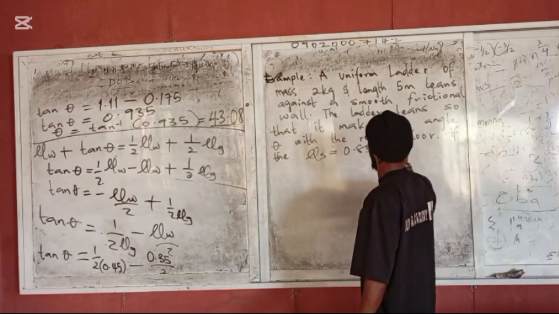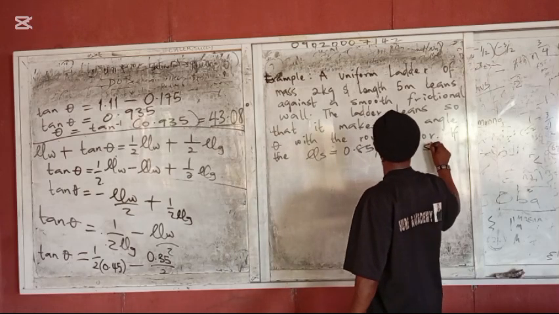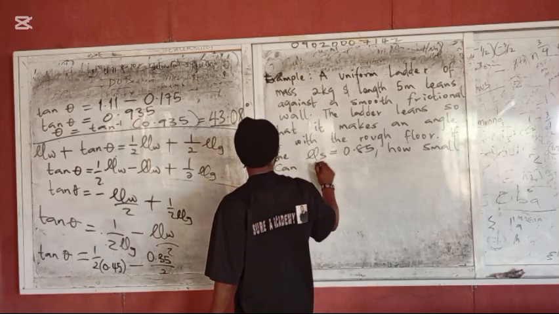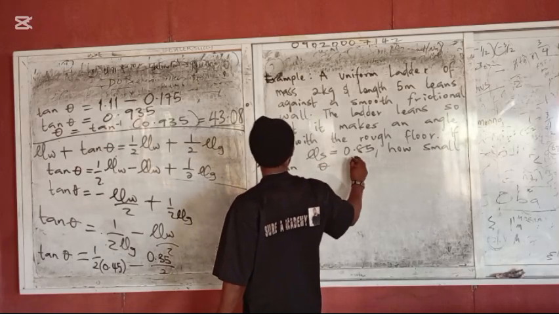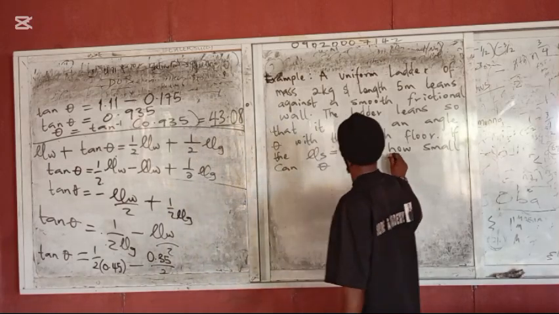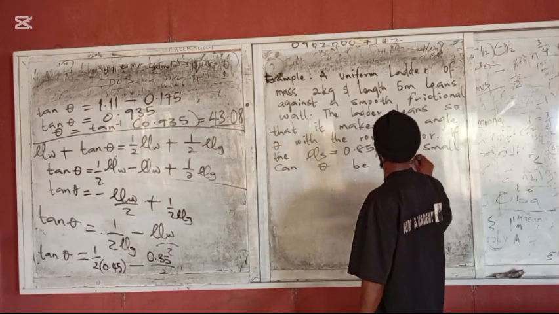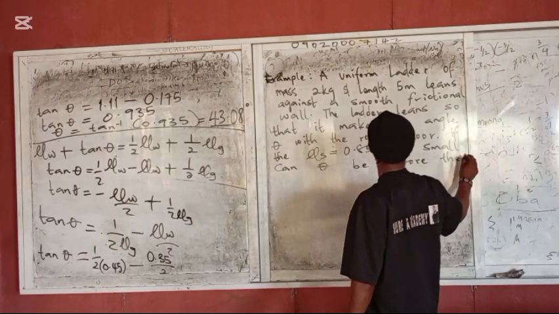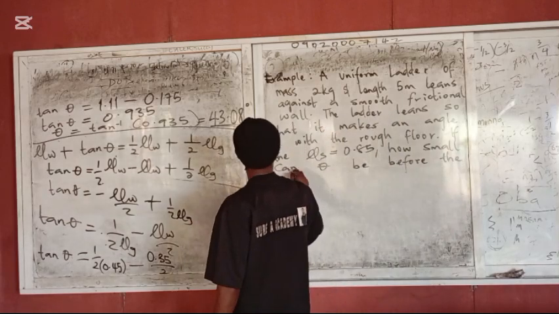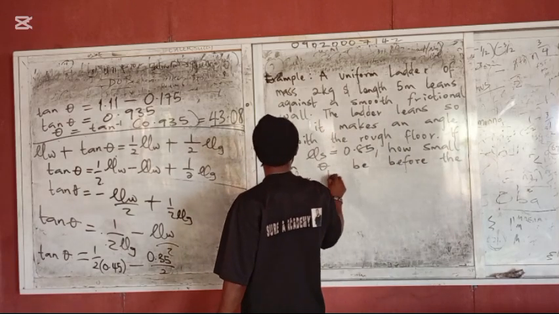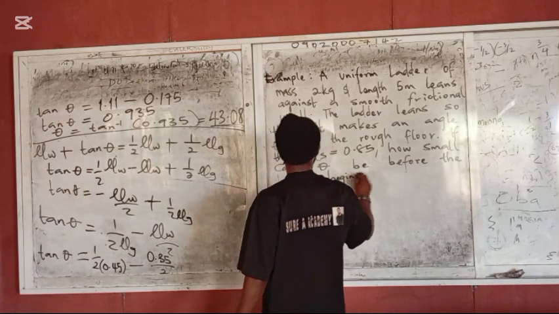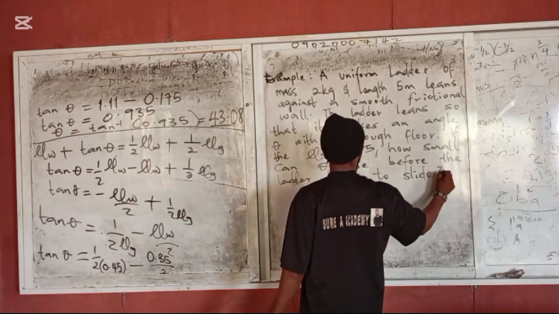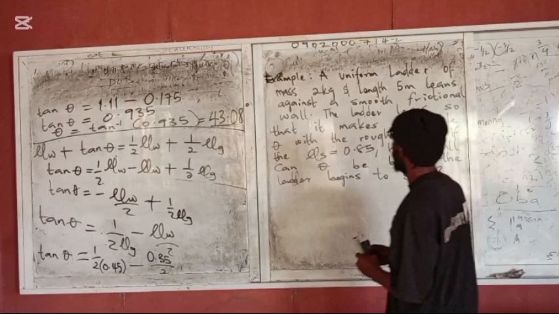How small can theta be before the ladder begins to slide?